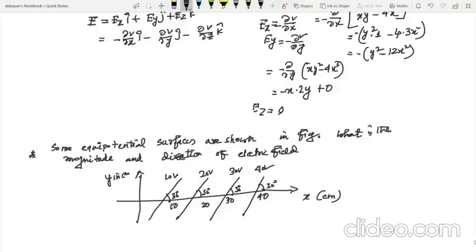So if you just put the value, that E is nothing but dv, dv is nothing but the potential difference between two equipotential, and you will just see the potential, this is the 20 volt, this is 10 volt, that means the difference is 10 volt.